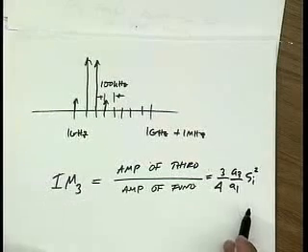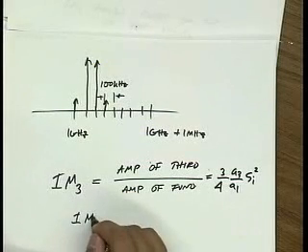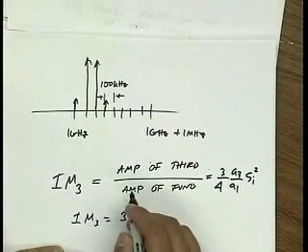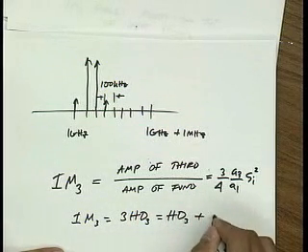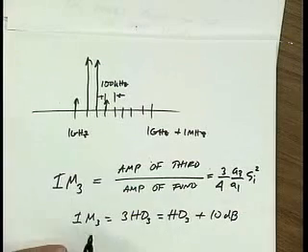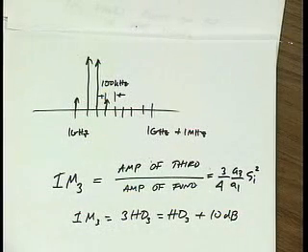And if you look back at the expression for HD3, you can see that IM3 is 3 times larger than HD3, or approximately 10 dB larger than HD3. All right, any questions? Comments?